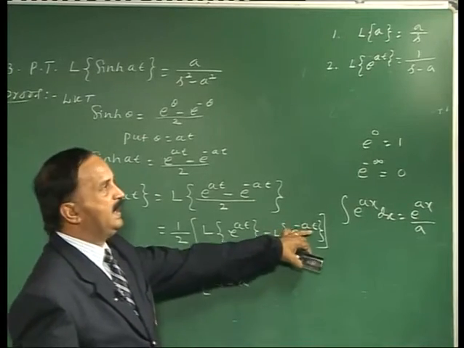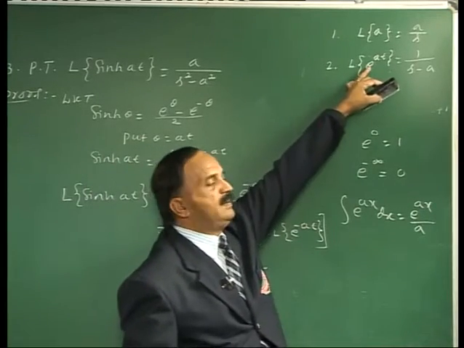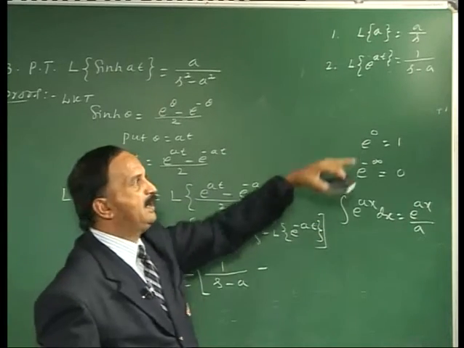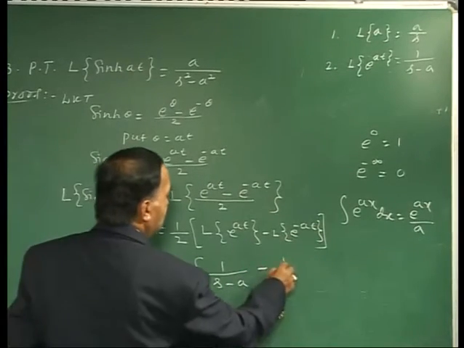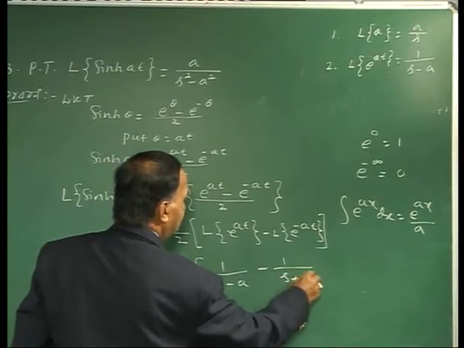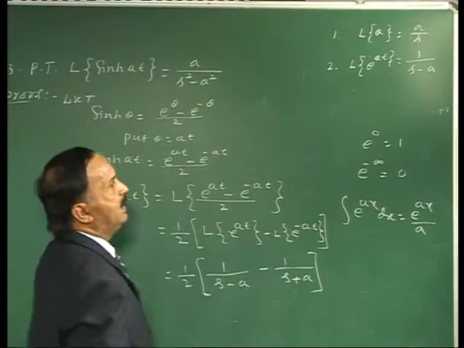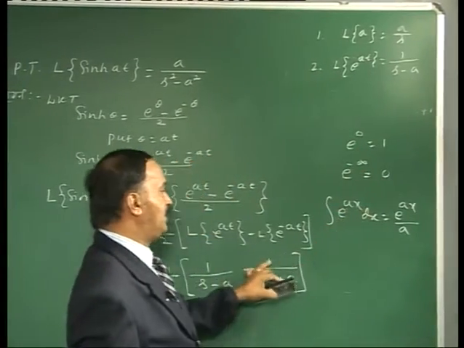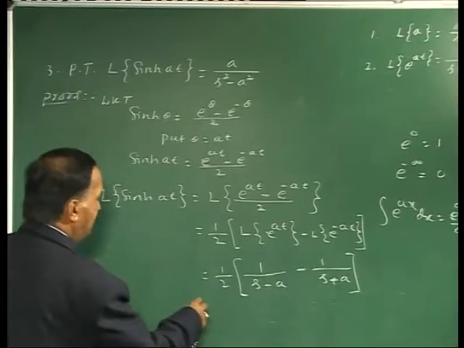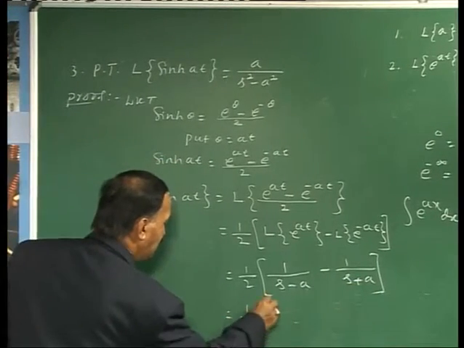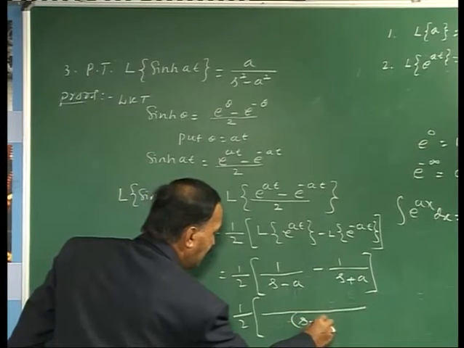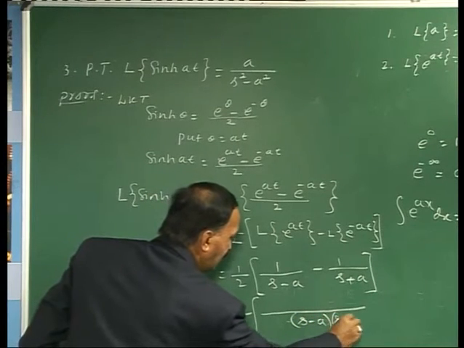again we want L of e to the power of minus at. Replace a by minus a, in place of a write minus a, then that becomes 1 by s plus a. Here 1 by s minus of minus a is plus a, 1 by s plus a. Take LCM, that is 1 by 2 into, so LCM is s minus a into s plus a.